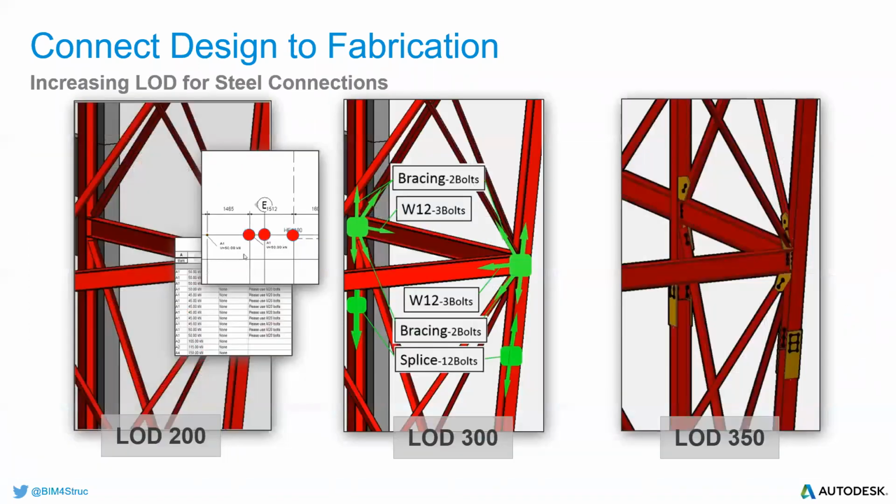So this can be done to different levels of detail. Amongst them are the level of detail 200, 300, and even 350. So basically the amount of information or the kind of details that you want to receive based on the various standards and parameters that you had agreed on at the start of the project.